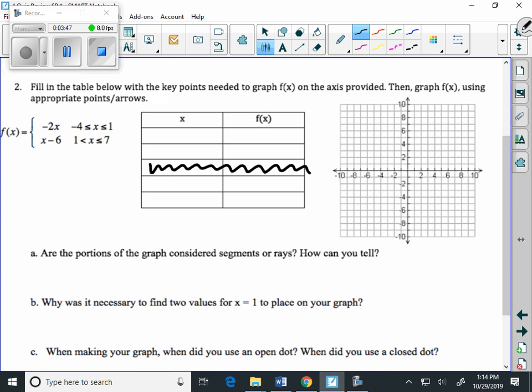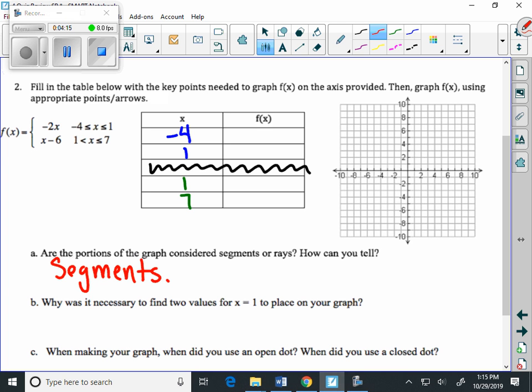And what we're going to do is fill in endpoints here. So for our first piece, we're going to figure out the value for negative 4 and 1. For our second piece, we're going to figure out the value for 1 and 7. The nice part is on both of these pieces, they are segments, which answers this first question below.